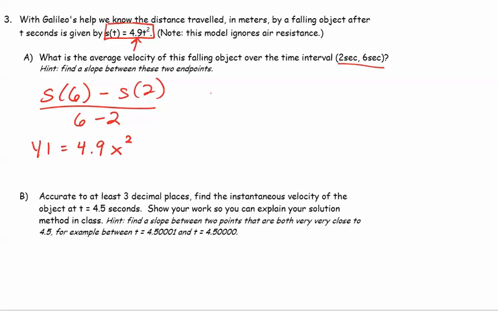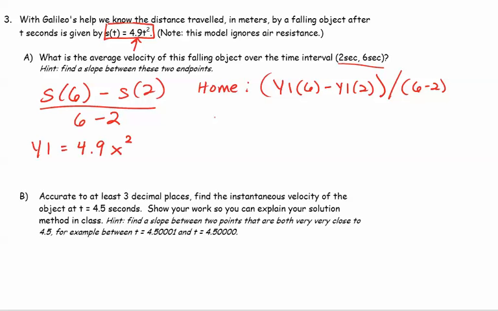And then on the home screen of my calculator, I would do this all as one statement, y1 of 6 minus y1 of 2 in parentheses divided by, and then in parentheses 6 minus 2, which of course you probably know is 4.